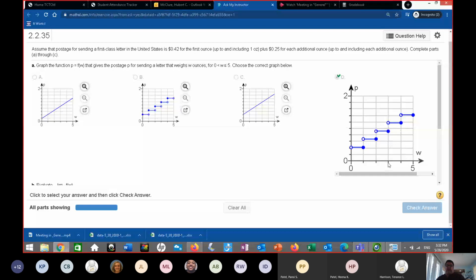Well, the limit doesn't exist because when you approach 3 from the left, you hit this line. When you approach 3 from the right, you hit this line. So the limits do not what? Equal, so therefore they do not exist. On a stepwise function, most of the time the limit is not gonna exist, okay?